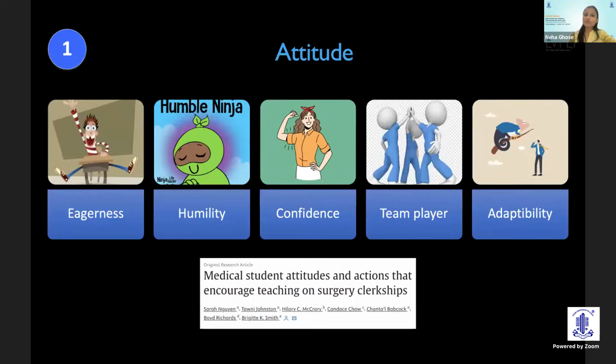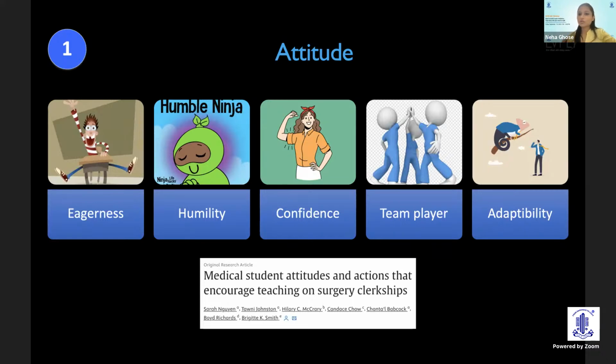First, before even jumping into any surgery, the attitude towards learning is very important. Nguyen et al. found that there were certain attributes that made trainees more likely to be given a better training experience by their trainers, and these included eagerness.